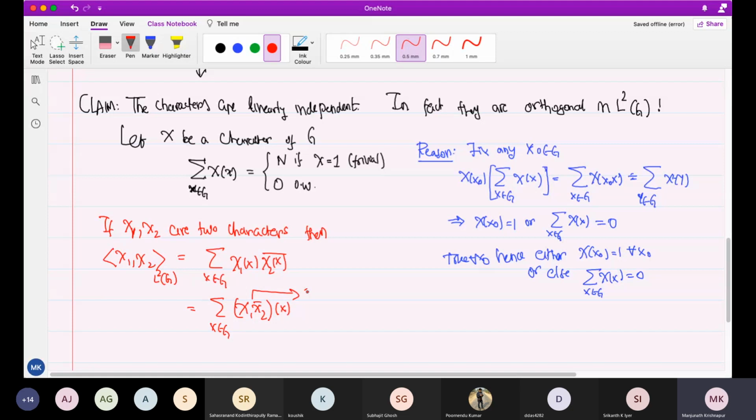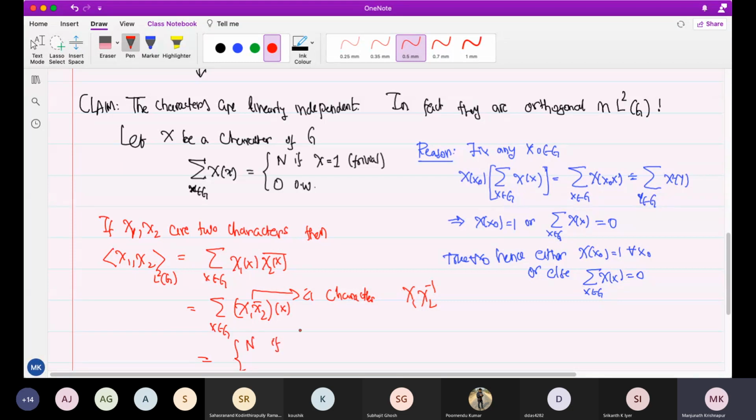Chi2 bar is a character actually. It is chi2 inverse, because on the unit circle conjugating and taking inverse is the same thing. So it is chi1 chi2 inverse of x. So this is also a character.